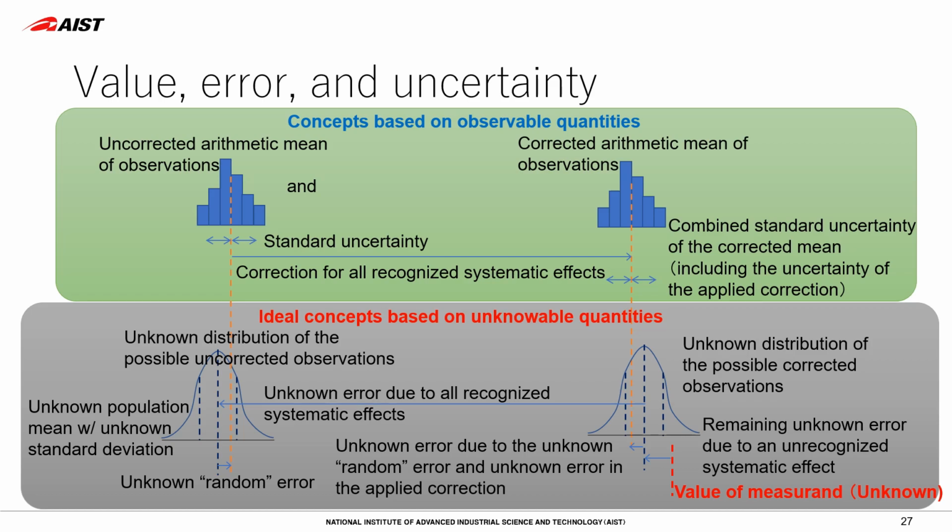The ideal concepts shown below might give you some insight into the note a few slides back. The left bottom distribution is obtained from an infinite number of uncorrected observations. The mean of this distribution is unknown, and also the mean may deviate from the one in the real-world observations. Similarly, the systematic effect can be corrected, and then the unknown distribution of possible corrected observations is obtained.